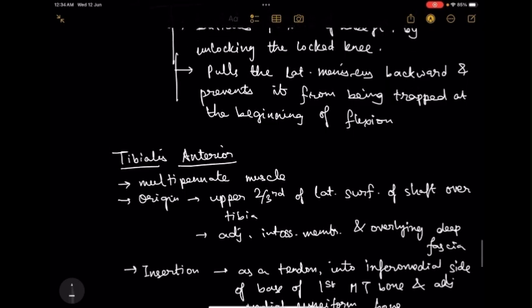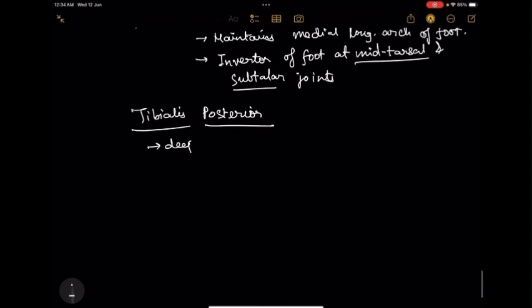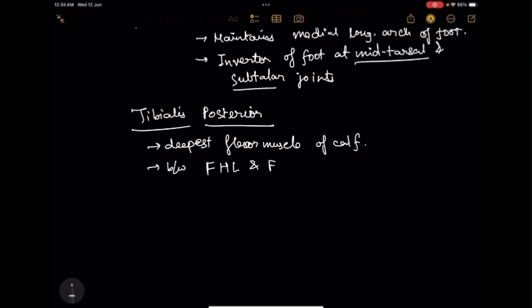Some more tidbits of information need to be mentioned. It's the deepest flexor muscle of the calf. It is located between flexor hallucis longus and flexor digitorum longus. As I told you, I'm writing in short form, but you should always write the complete name.